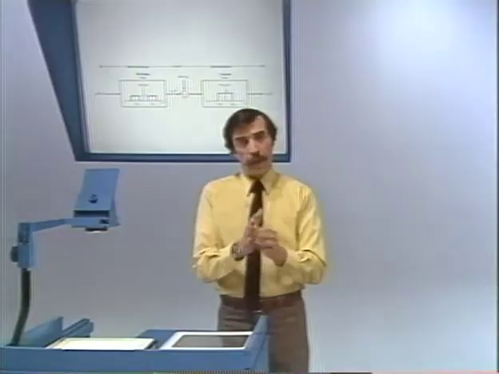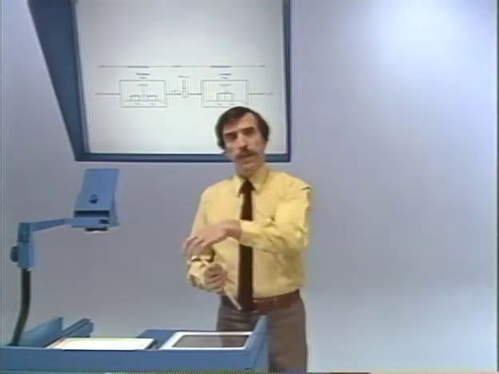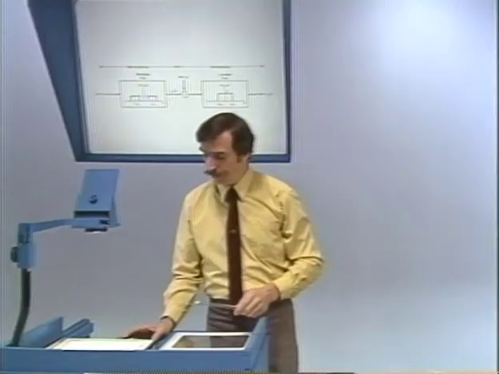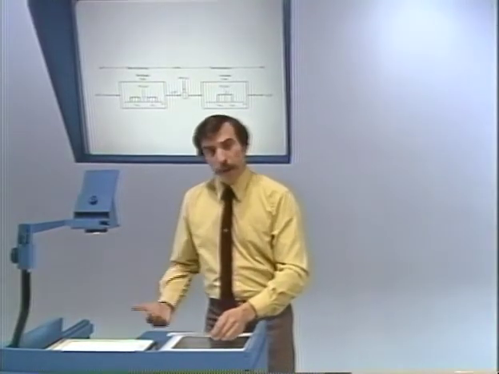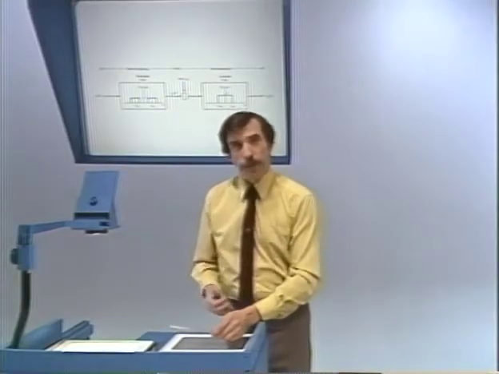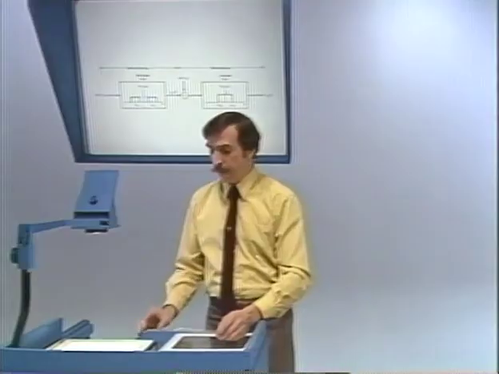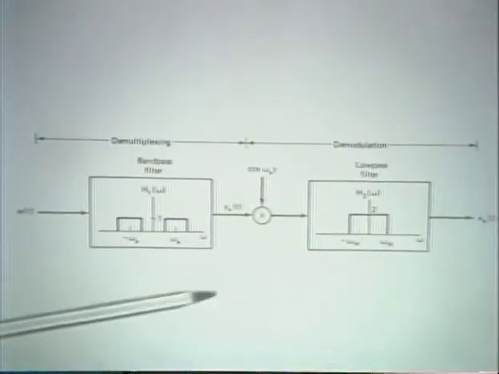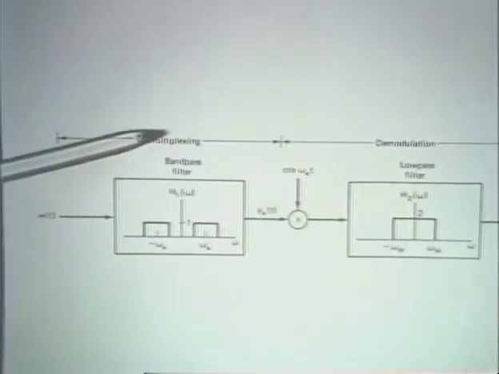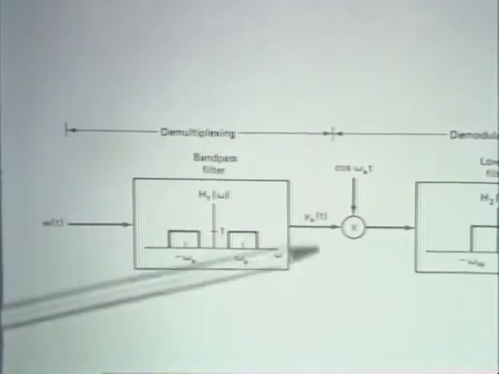That is, dividing the frequency band into cells and plunking different signals into each one of those. And so if we want now to recover one of those channels in a frequency division multiplex system, as I indicated, we would first demultiplex, demultiplexing corresponding to pulling out the appropriate channel with a bandpass filter.